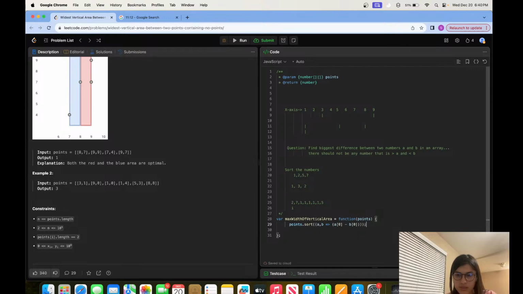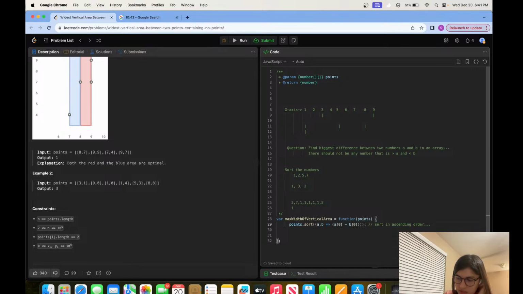I'm sorting in ascending order, so 1 2 5 7. How will the comparator sort in ascending order? a minus b.